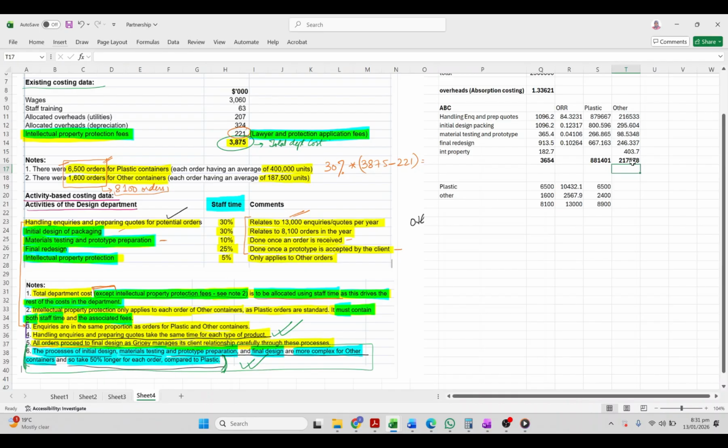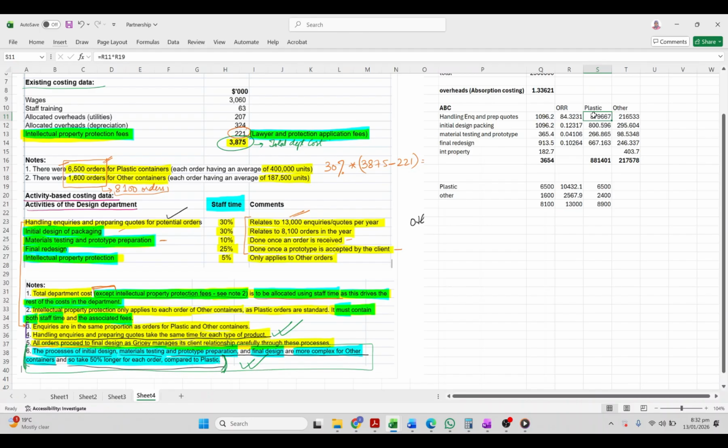Okay, so what is missing here? 30%, 30%, 10%, 25%, and oh, sorry. There is something.